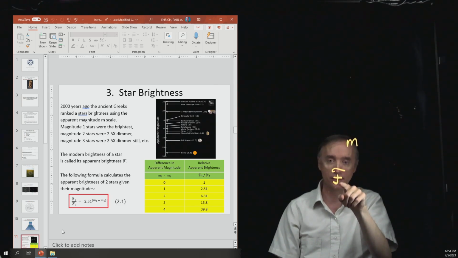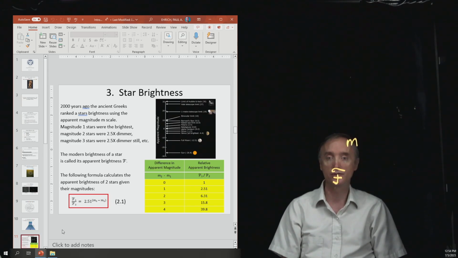The formula down there in the red box allows you to calculate how much brighter one star is compared to another star if you know the magnitudes of the two stars. M1 is the magnitude of star number 1, M2 is the magnitude of star number 2, F1 is the apparent brightness of star 1, and F2 is the apparent brightness of star number 2.